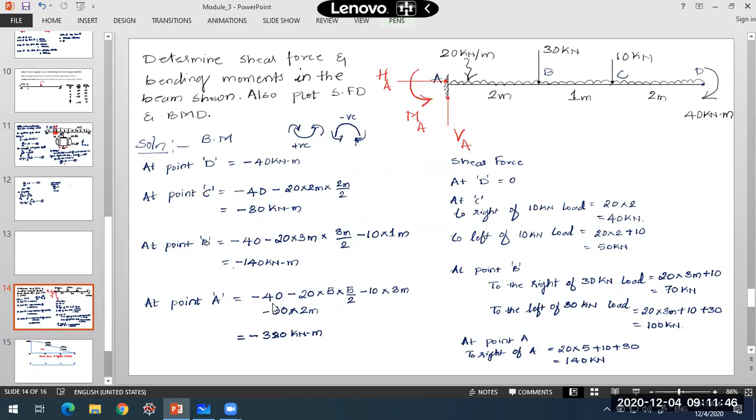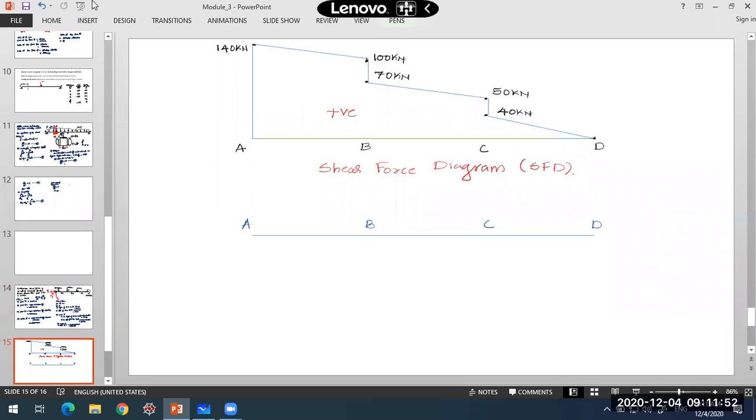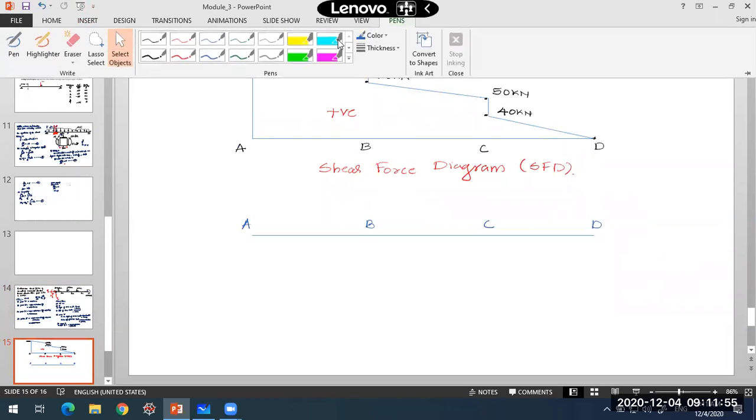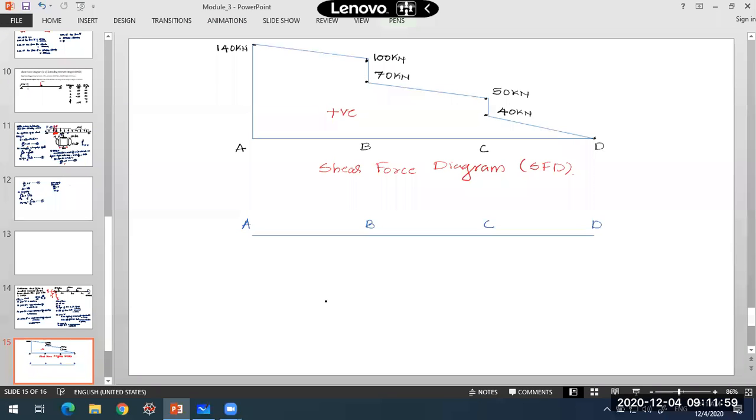Now if you take any point on this beam, I'll just roughly draw this beam over here. You have the UDL on this beam, and also there are some concentrated loads, and the couple which is applied here. So when I take a section, we are moving from right to left.